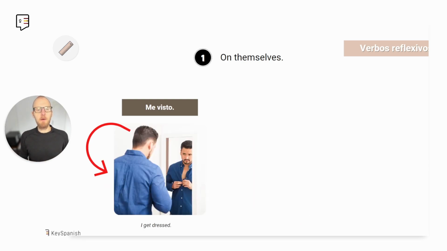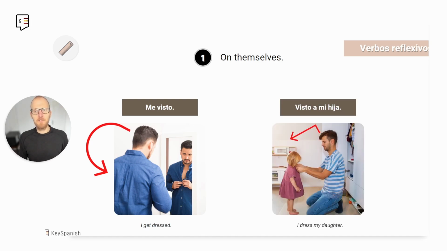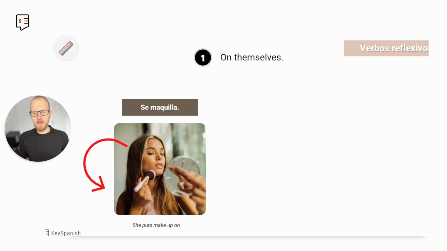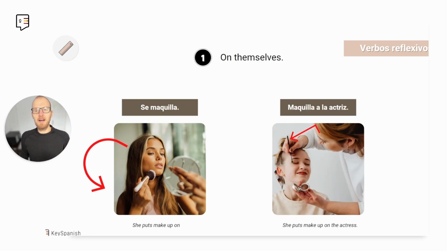Another example would be me visto, I get dressed myself, instead of visto a mi hija, I dress my daughter. Let's look at another one, which will be se maquilla. She puts makeup on. As opposed to maquilla a la actriz. She puts makeup on the actress.